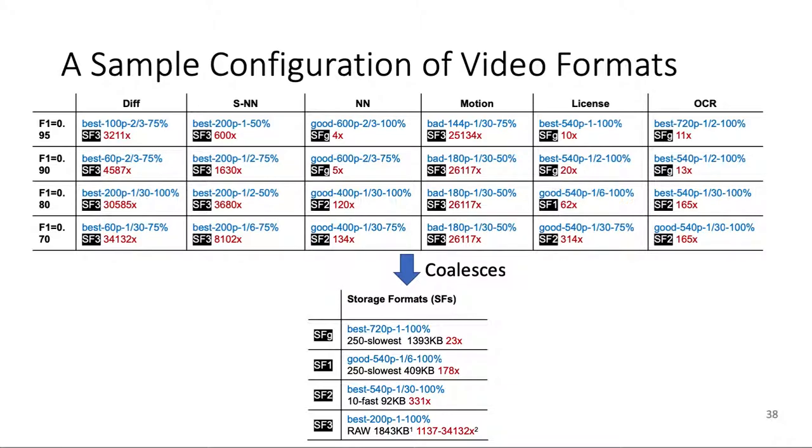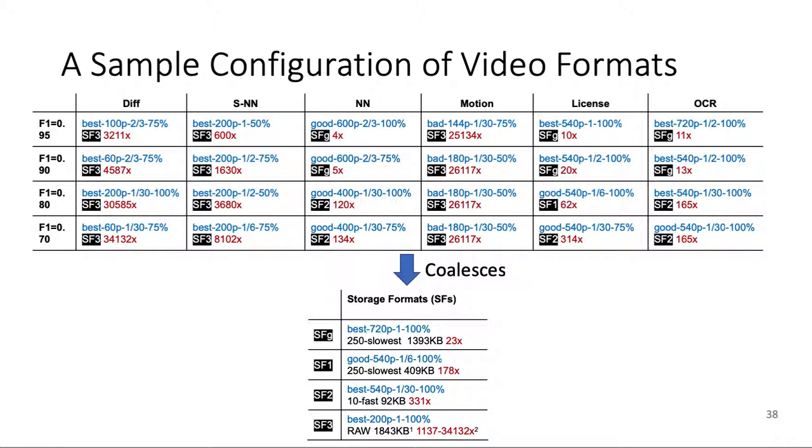If we look deeper, in the first column, the difference detector can run up to 30K frames per second. However, the video format is also very cheap here, and decoding those video formats is slower than consuming them, which is 30K. So in this case, we need to store the raw video format.